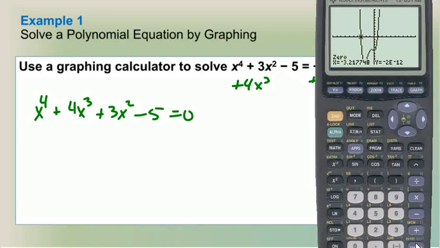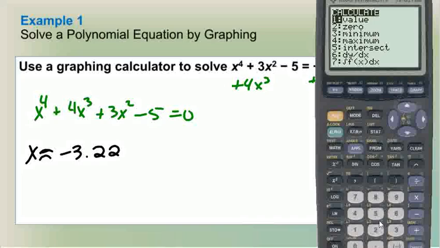We could round to the nearest tenth or to the nearest hundredth. We'll do the nearest hundredth, which makes it a little more accurate. So x would equal roughly -3.22.